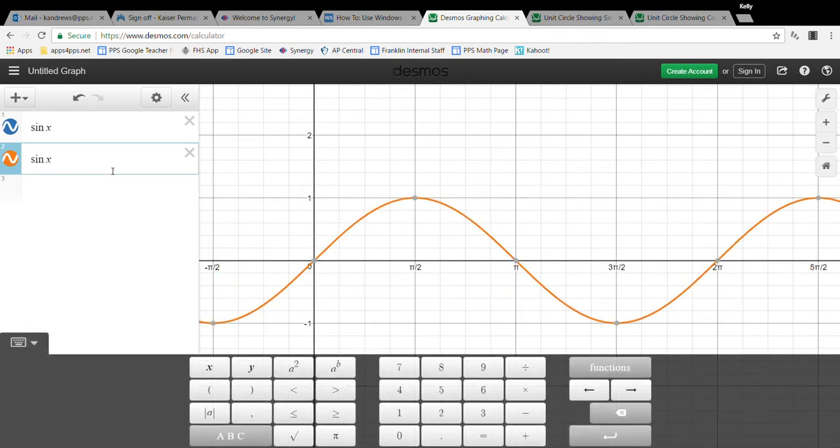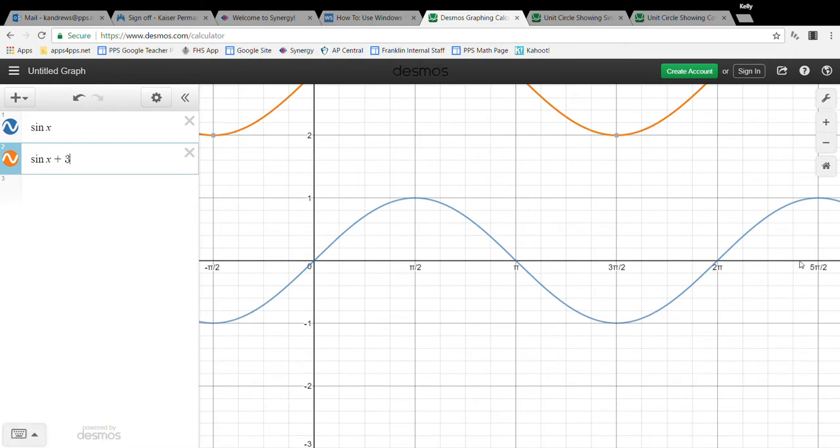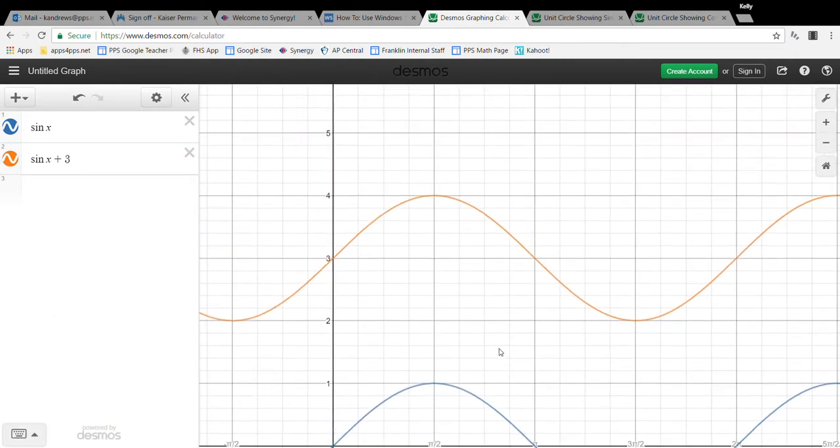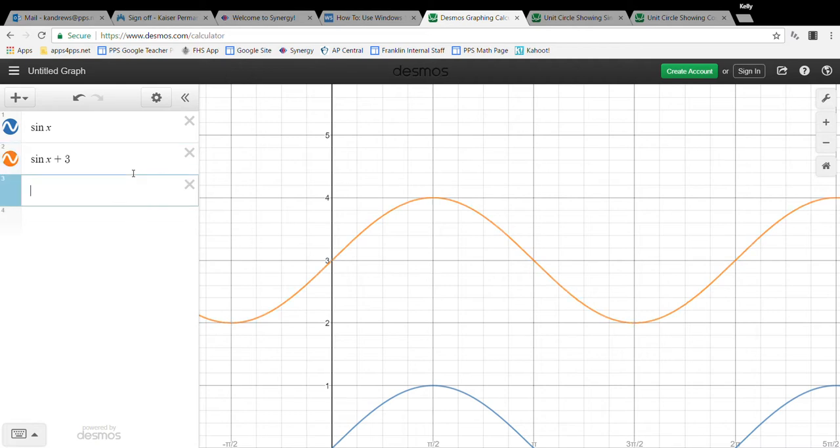If I just want to move the whole thing up, if I do +3, and I'll move this down, then I took my midline that used to be at y equals 0. Now my midline, if you can tell, is at y equals 3.